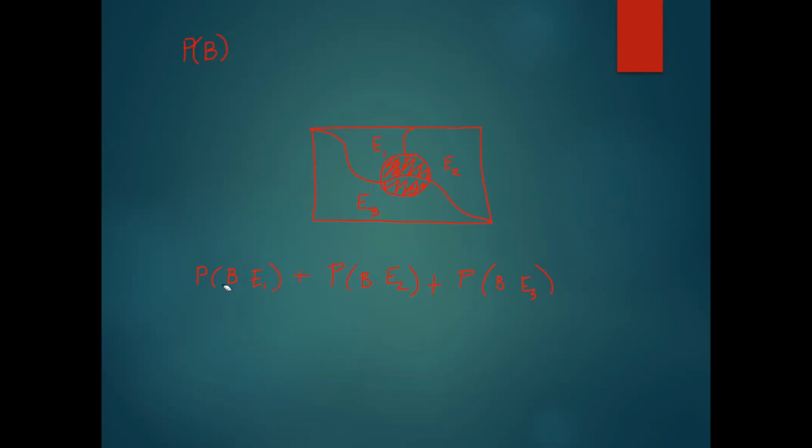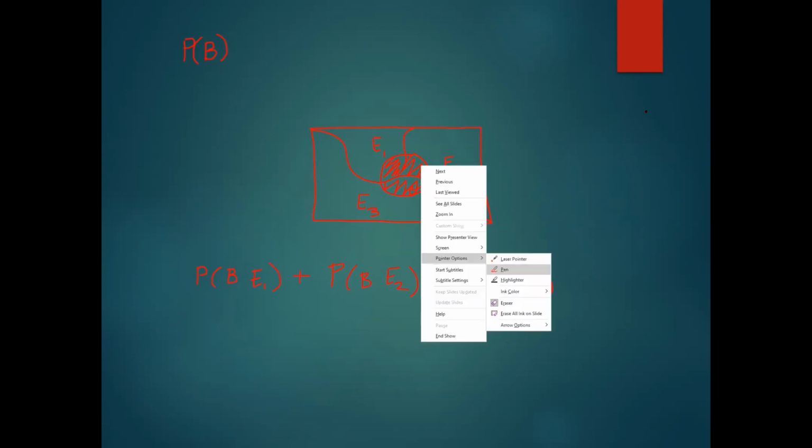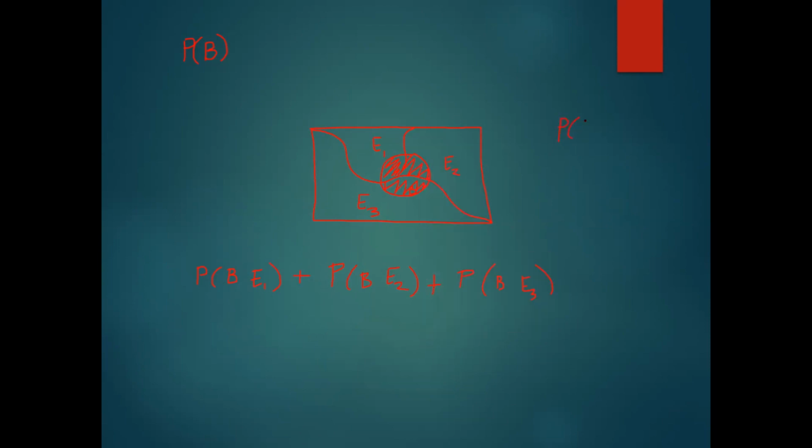Now, if you start with the intersection, remember that probability of A given B is equal to probability of AB over PB. Kanina binigay ni Aldrin. So therefore, kung kukunin mo pala yan, you just need to multiply it by PB.